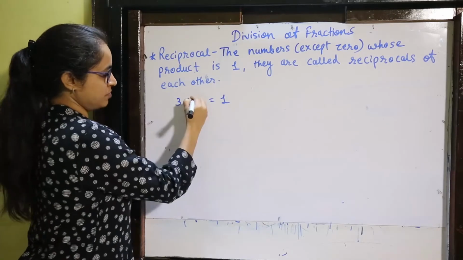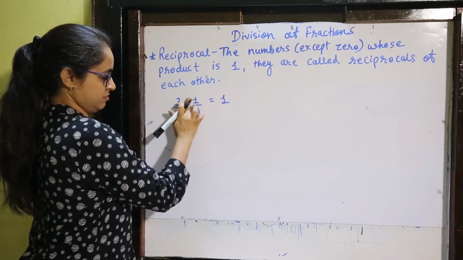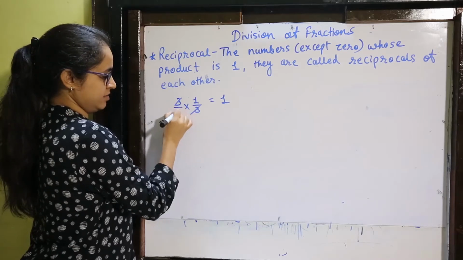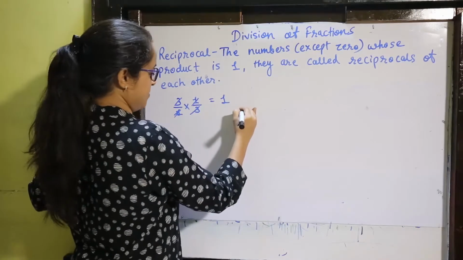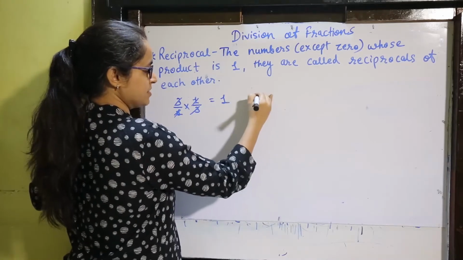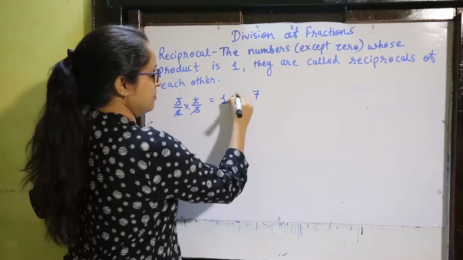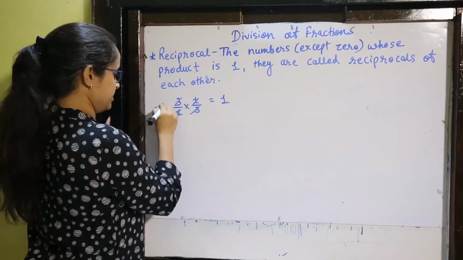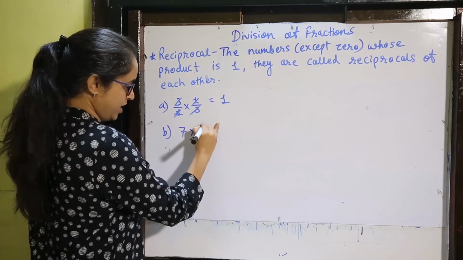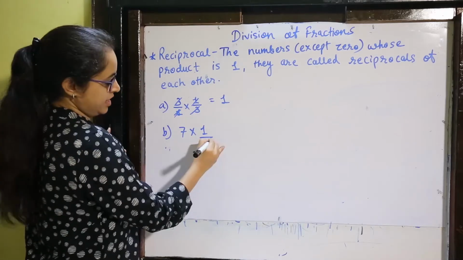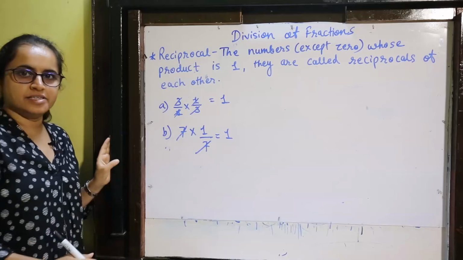Let me explain. Suppose I multiply this with 1/3. So I will get the answer 1. That means if I have any number, for example 7, then if I multiply 7 with 1/7, the answer will be 1 because 7 cuts and the answer will be 1.